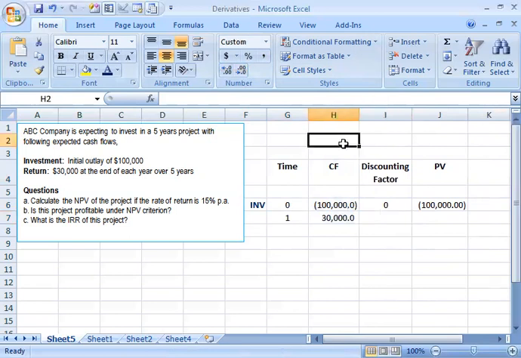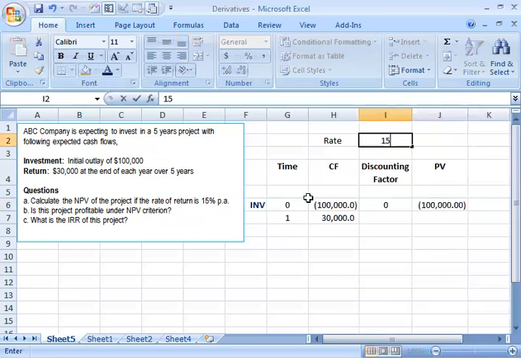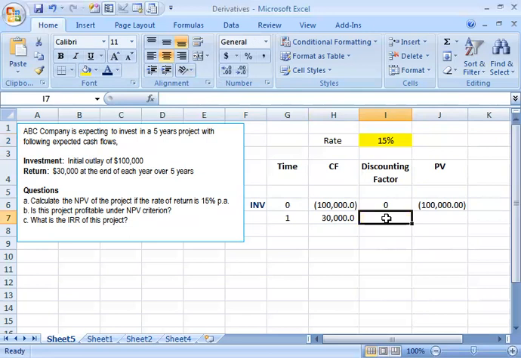If we take the expected rate of discount, it is 15% per annum. So if we put that in this cell, it's 15% here. So we have to discount all these return cash flows by 15%, considering the time factor also.